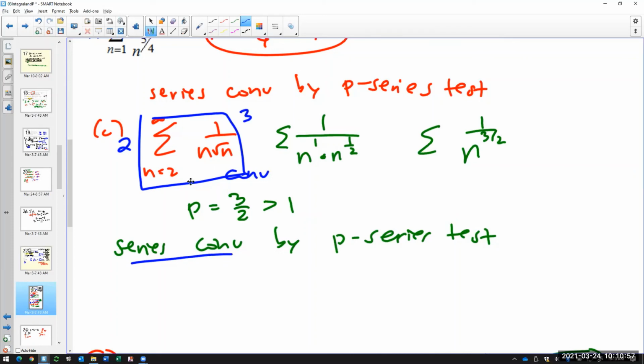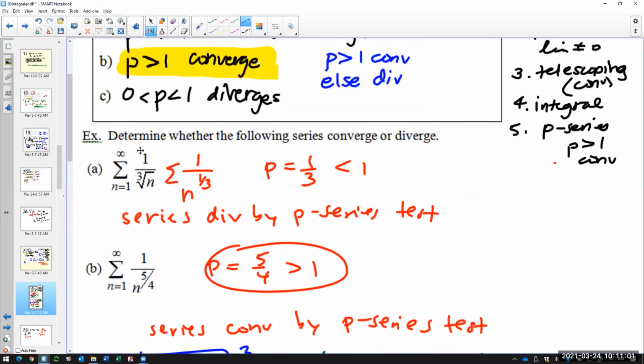Even for the divergent one, if they put a 5 here, you could pull this 5 out. If this thing diverges and it's infinity, you multiply it by 5, isn't it still infinity? So putting a scalar in here doesn't change anything. Everybody good with that? So don't let that mess you up.